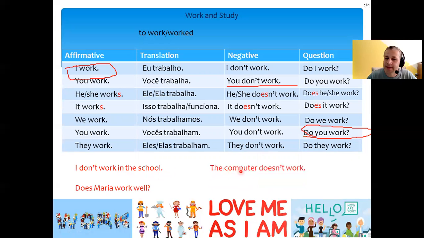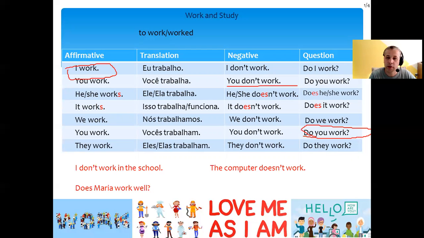Next one. The computer doesn't work. Repeat. O computador não funciona. When we talk about machines in general, cars, devices, quando a gente fala de máquinas no geral, carros, aparelhos, dispositivos, you can use the verb work as funcionar. Então, isso funciona, isso não funciona. Does it work?